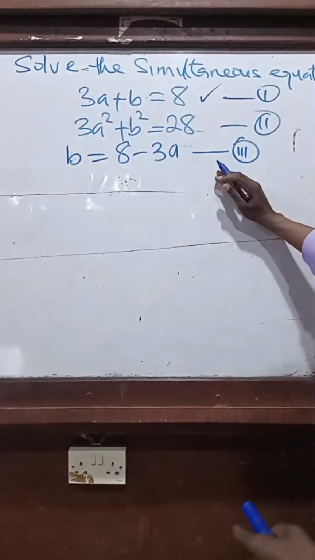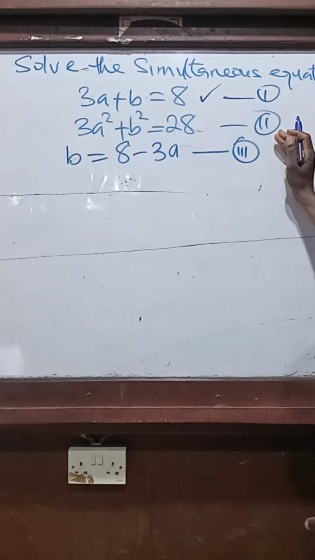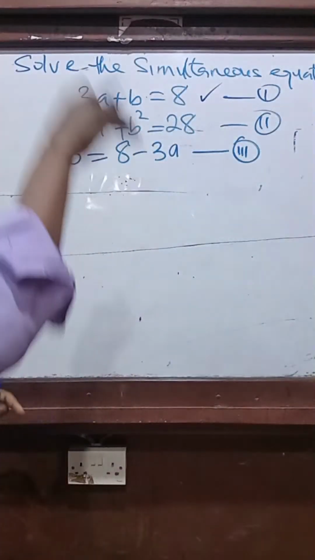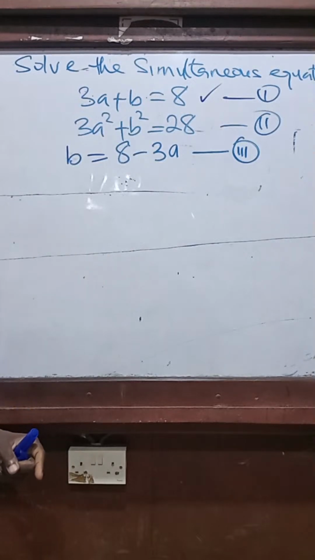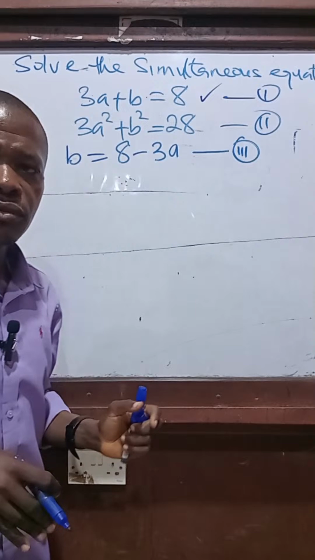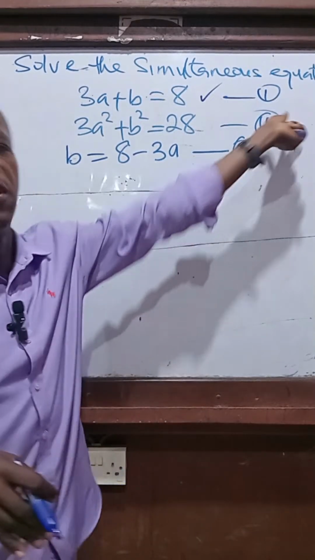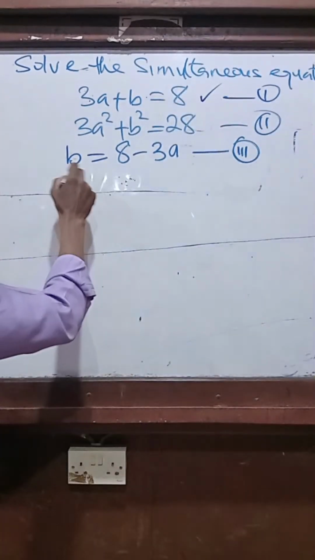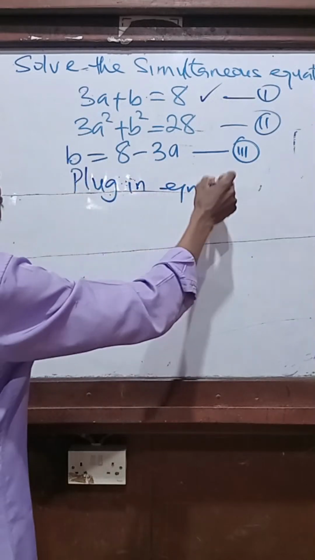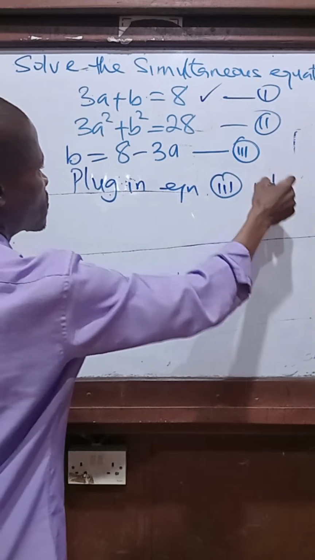Okay, let's go on to where we are now. We have equation 3. The next thing to do: equations 1 and 3 are the same, you can't put 3 into 1. You're going to put 3 into a different equation. So substitute equation 3 into 2.